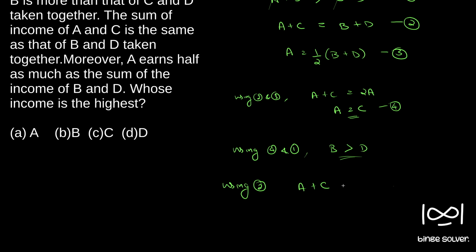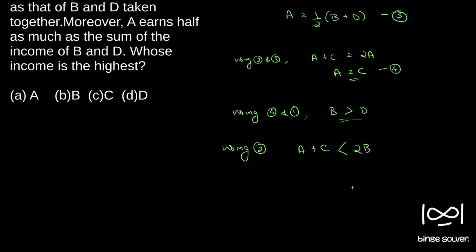You substitute with a larger number, the B plus D side becomes greater, that becomes less than 2B. A plus C is nothing but 2A, since A and C are the same, so 2A is less than 2B. So A is less than B, we get. So from this, we already got, out of B and D, B is greater, and out of A and B, B is greater.